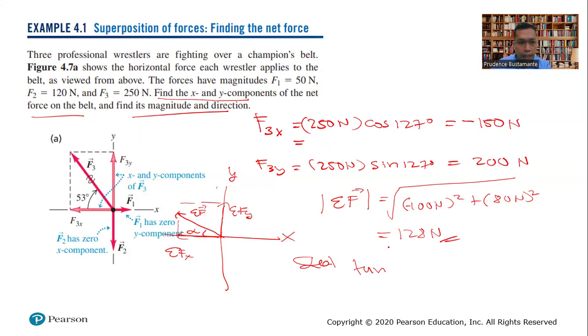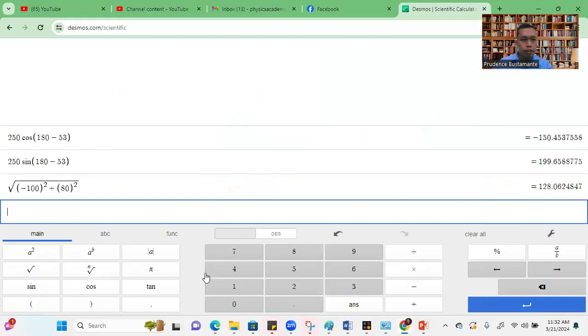Ang direction is, ang alpha is equal to tangent to the negative 1 of the opposite, which is Fy over Fx. So we have inverse tangent of 80 Newton over negative 100. Okay. So, inverse tangent.